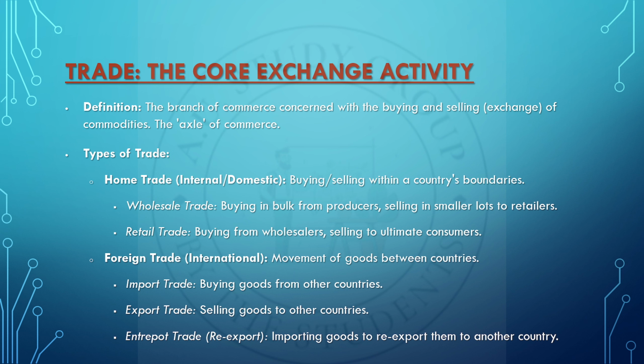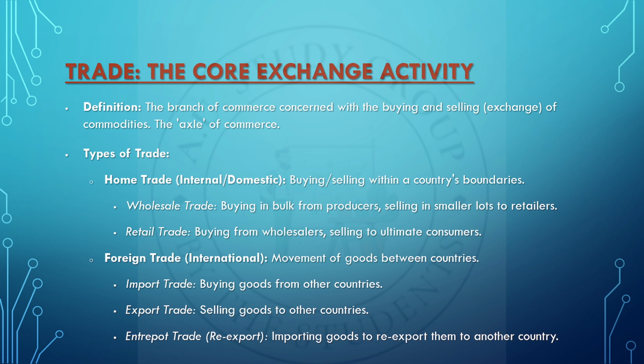Let's recap again. The types of trade are generally two based on location. What are they? Home trade and foreign trade. Very good. Now home trade is again divided into wholesale trade and retail trade. Fantastic. And foreign trade, which is international, is divided into three.